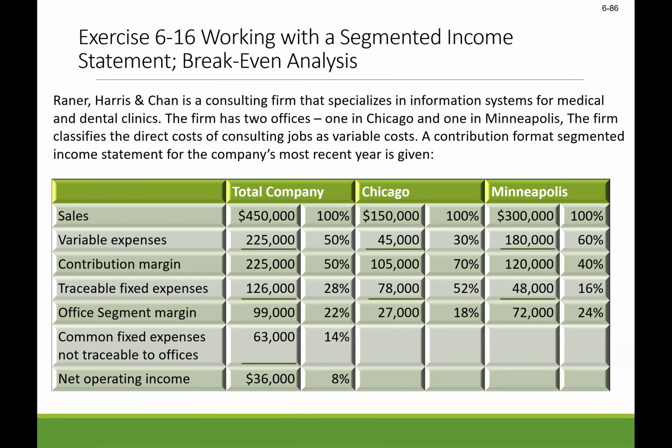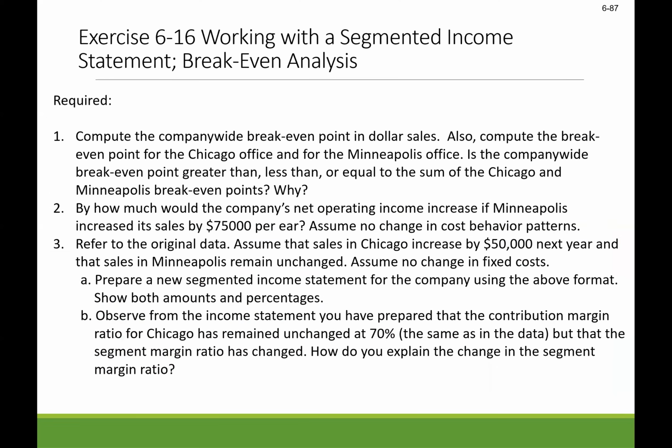A contribution format segmented income statement recently is shown, with sales and then the breakdown, and we've got our traceable fixed and common. Compute the company-wide break-even point in dollar sales, then compute them per office.